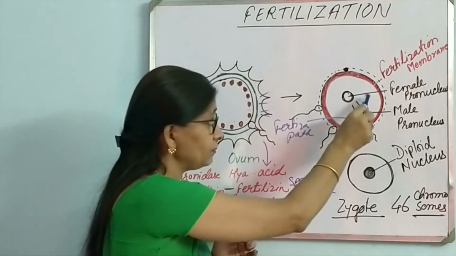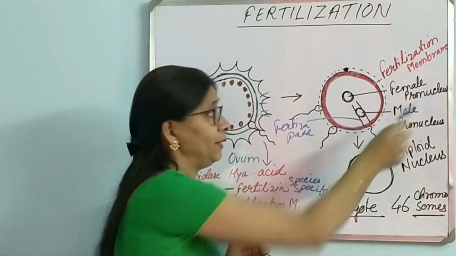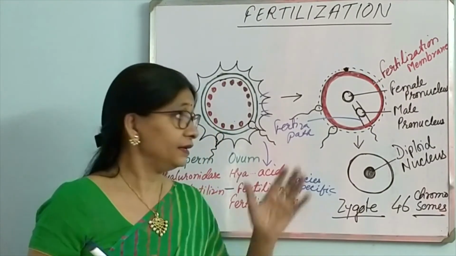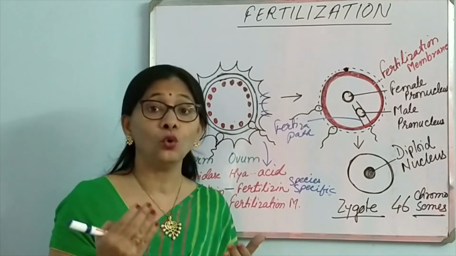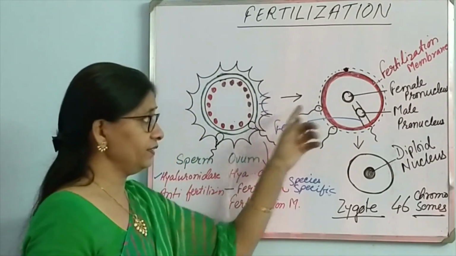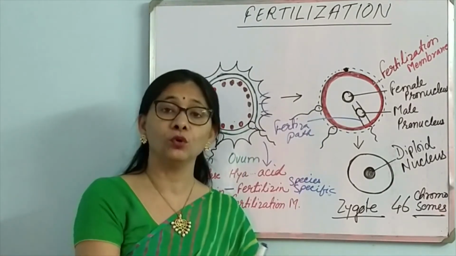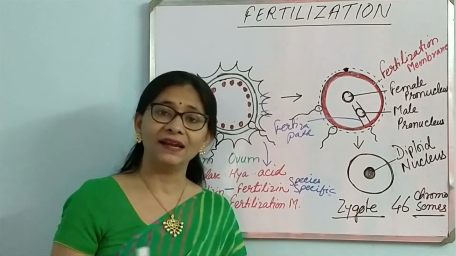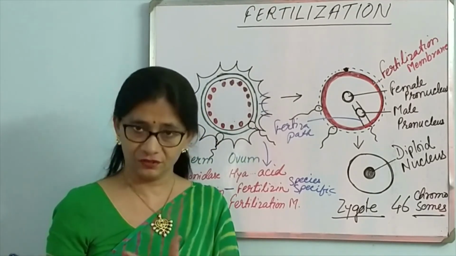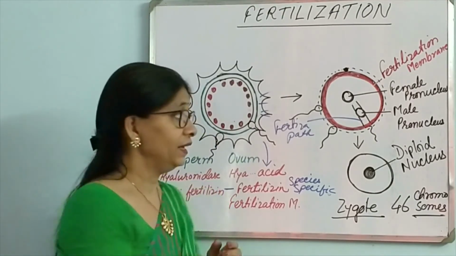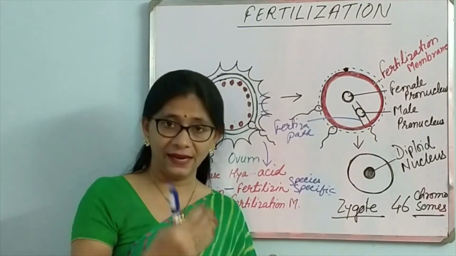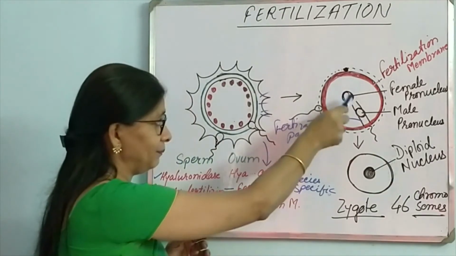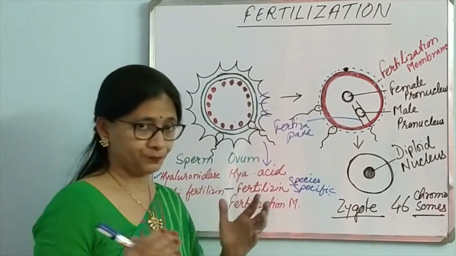So now this nucleus will become the female pronucleus, and at this stage it has become a true ovum. Before this it was just a secondary oocyte. So most of the egg cells vanish in the secondary oocyte stage only. They don't become ovum. They become ovum only when a sperm comes and unites with it. So at that moment it becomes ovum.